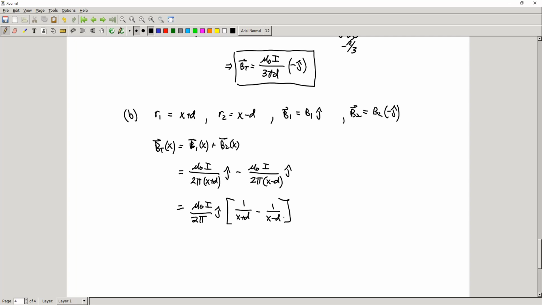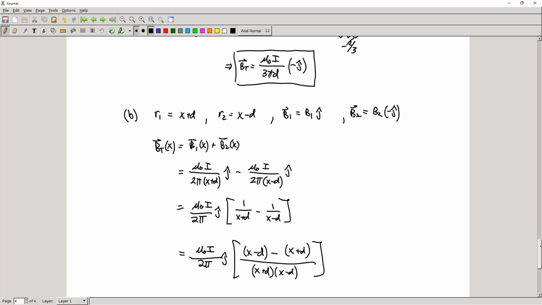I'm going to cross multiply these basically, so we're going to end up with a mu naught I over 2 pi j hat, and so we're going to have an x minus d minus x plus d over, and now we're going to have the product of the two denominators in the basement here. We're going to have x plus d times x minus d.